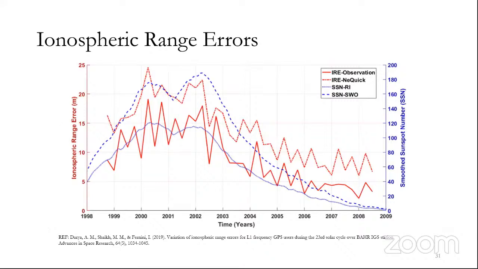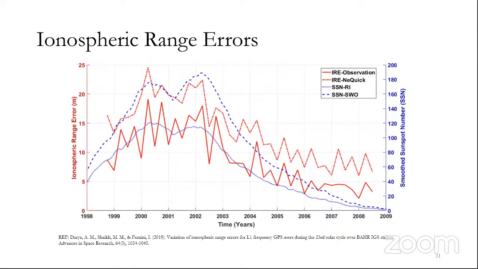To explain how much of an error we receive, we conducted a study in 2018. We used data from a nearby station in Bahrain. We wanted to study the effect of the varying solar cycle, which is a period of 11 years, from 1998 to 2009, on the ionospheric range errors.